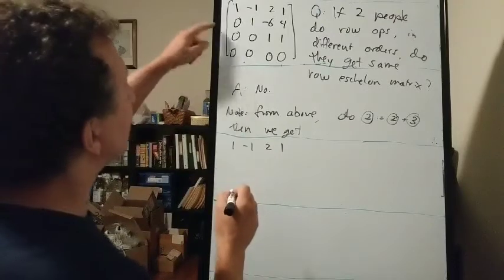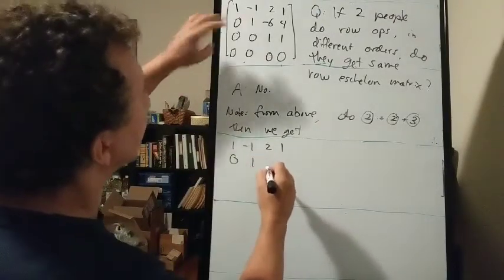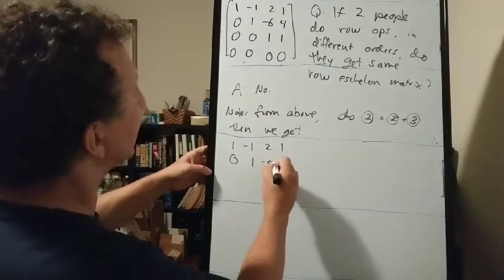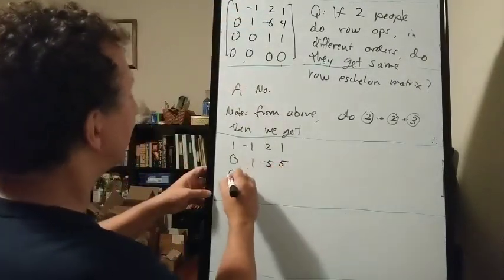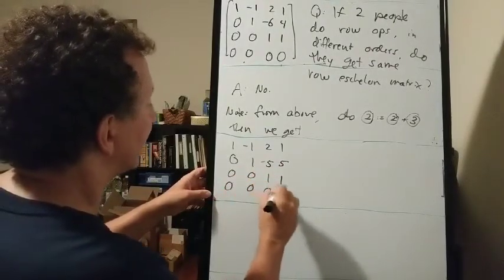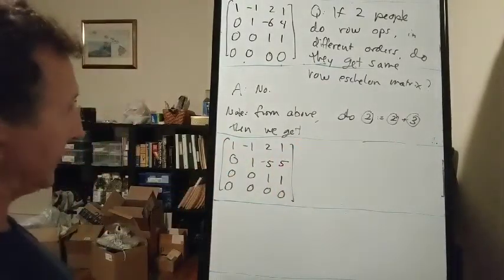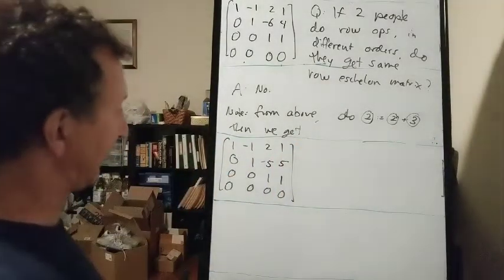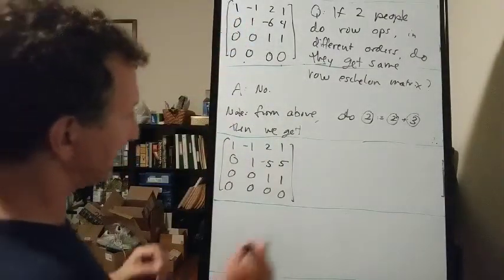Row 2 becomes 2 plus 3. So 0 plus 0, 1 plus 0, -6 plus 1 is -5. 4 plus 1 is 5. 0, 0, 1, 1. So we get another row echelon matrix, but it's not exactly the same one. It doesn't have exactly the same numbers in it.